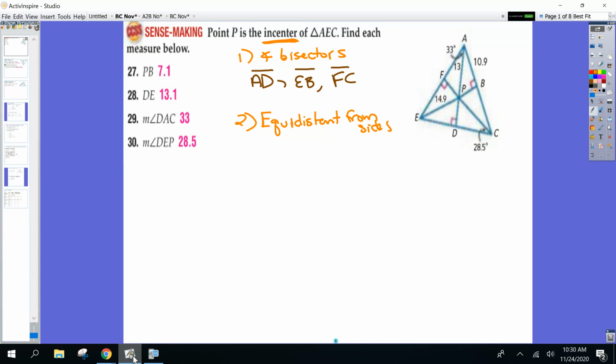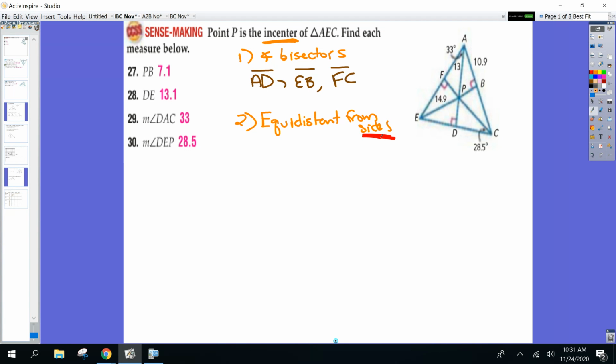Name the 3 segments that start at the in-center and go to the sides that are all congruent. EP, CP, and AP. No, you're giving me the vertices. That's called the circumcenter. You're giving me the distance from P to the vertices. It's from the sides, not the vertices. Rework your answer now.